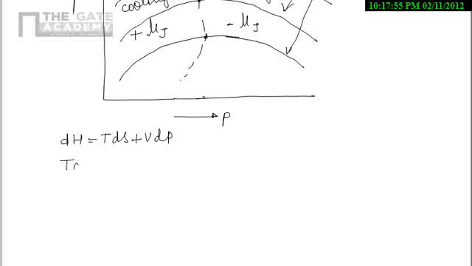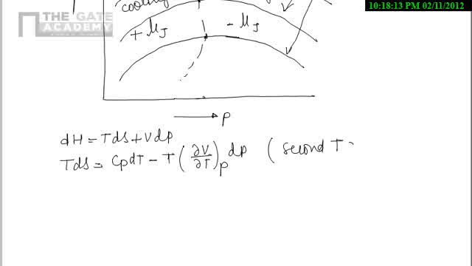So TdS I can write by the second TdS equation, that is Cp dT minus T (del V by del T) at constant pressure into dP. That is the second TdS equation. For the second TdS equation, we can write TdS equals Cp dT minus T (del V by del T) at constant pressure into dP.